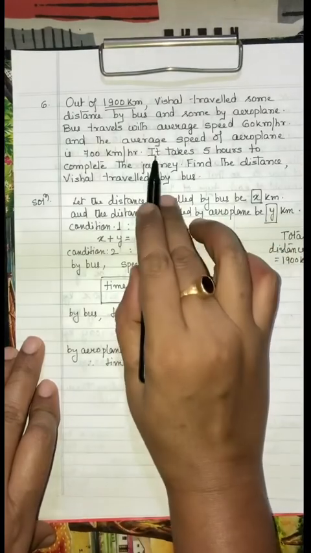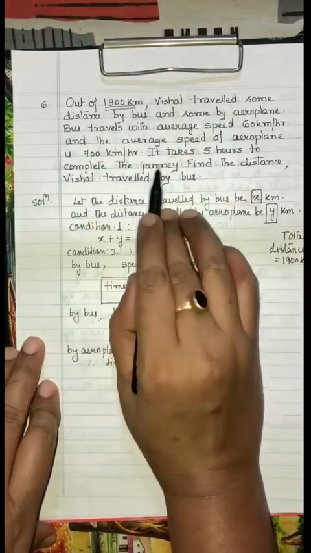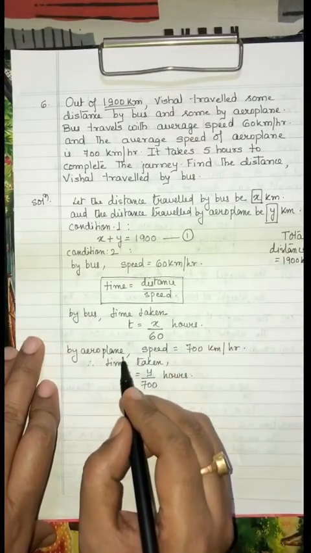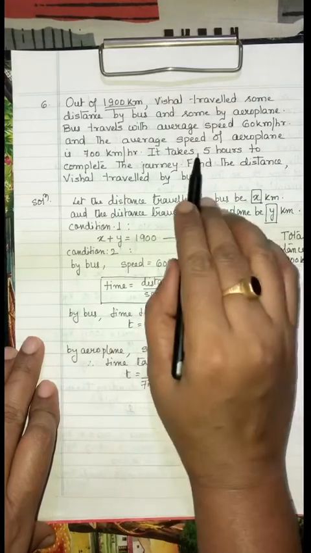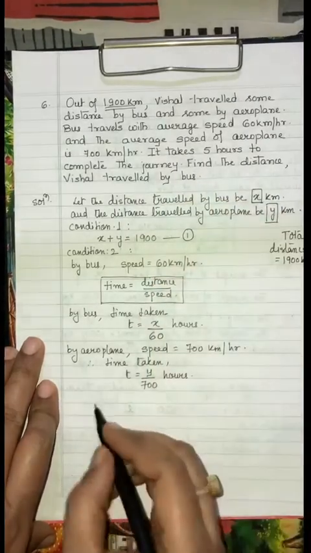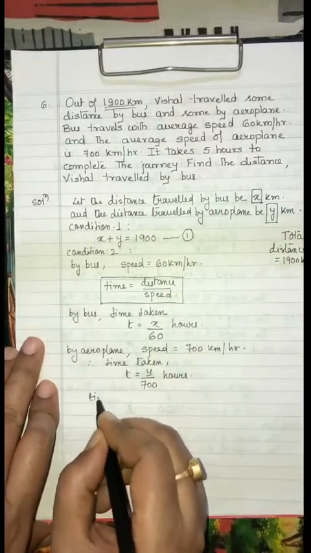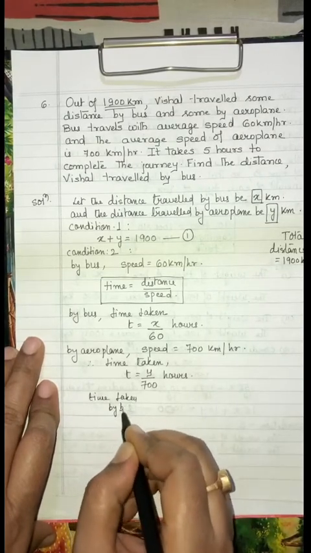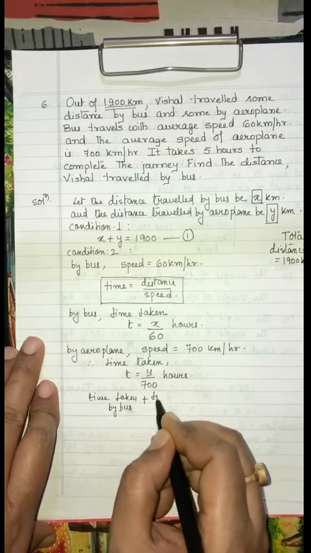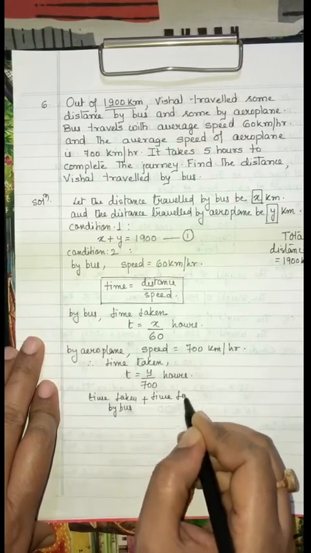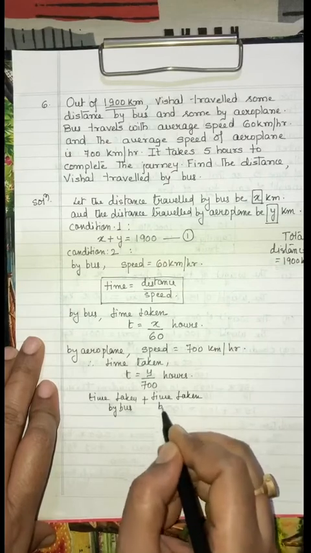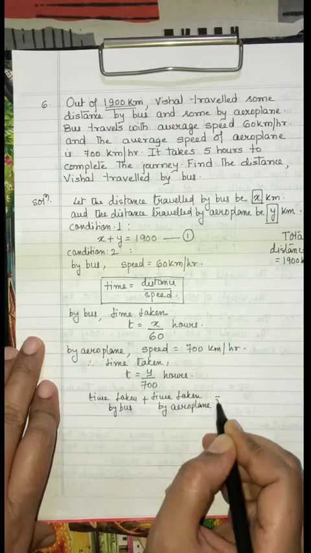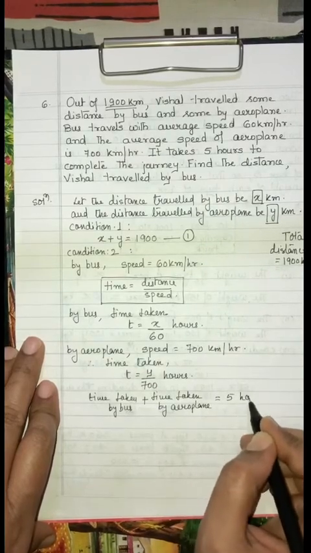It is again said it takes 5 hours to complete the journey. Means when the person travels by bus and the aeroplane together, he takes a total of 5 hours. So time taken by bus plus time taken by aeroplane is equal to total 5 hours, children.